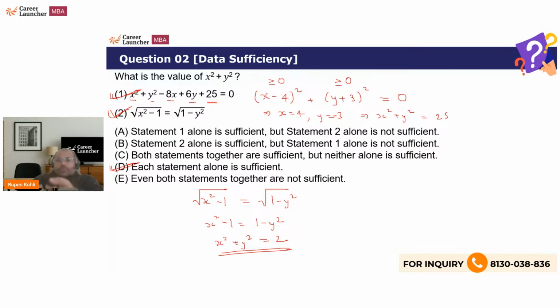Or even if it's a yes no kind of question, one statement says definite yes, the second statement helps us conclude definite no to the question asked, still we will say option D. So these nuances you have to be aware of on data sufficiency.